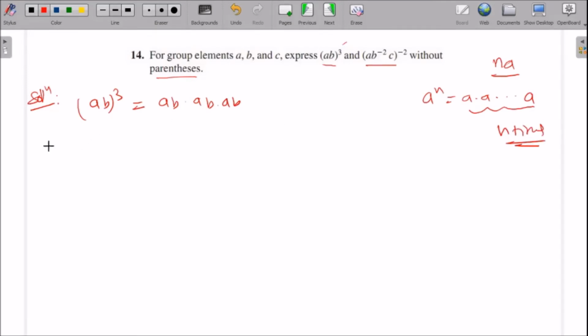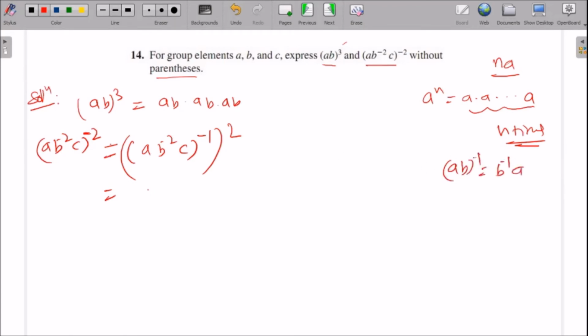So let us consider (ab^-2 c^-1)^-2. We need to write this without the bracket. Because here the exponent is minus 2, we need to do something to make it 2. So (ab^-2 c^-1) can be put as a whole square. Now by the reversal law, as we know, (ab)^-1 equals b inverse and a inverse.